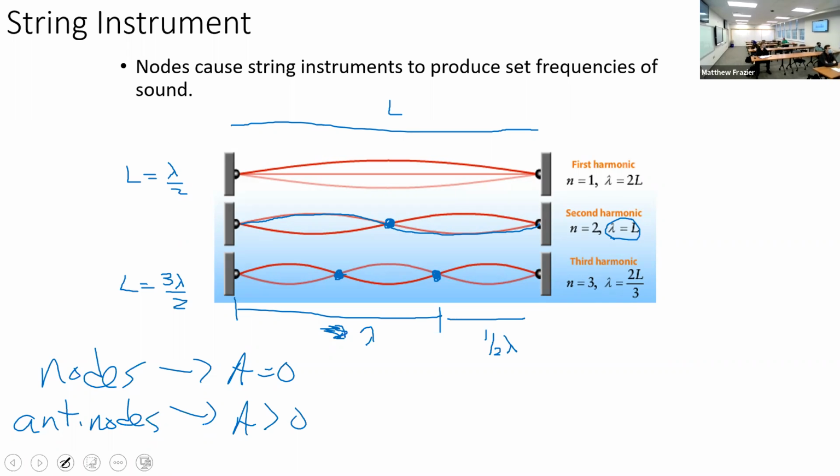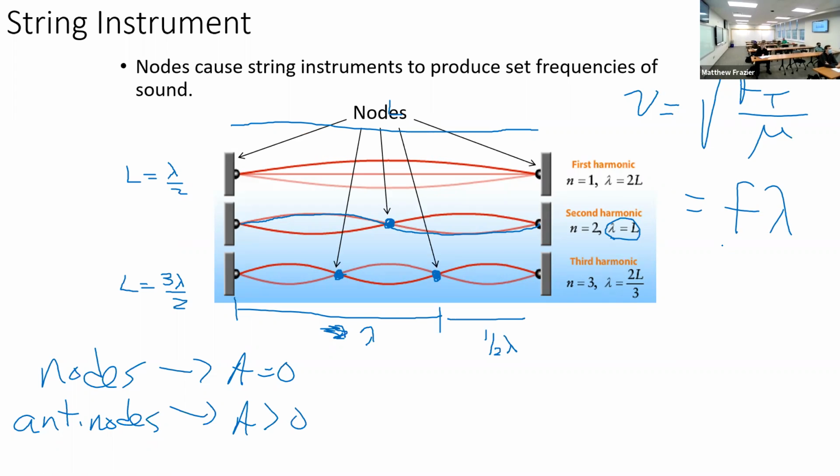So remember out of this that the velocity of the wave is this function of the tension divided by the mass per unit length, right? So that may come up in problems that you see as well. But it's also just the frequency times wavelength.